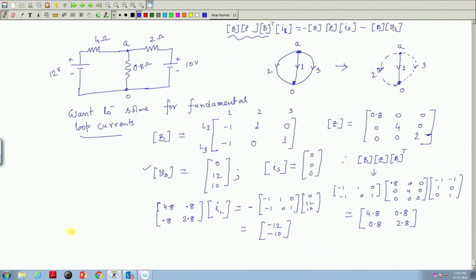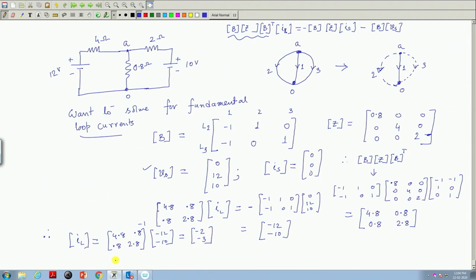Therefore, the loop currents IL will be this matrix 4.8, 2.8, 0.8, 0.8, inverse of this, you multiply both sides into this one, minus 12, minus 10. And if you do that, it will come out to be minus 2, minus 3 ampere. Done.